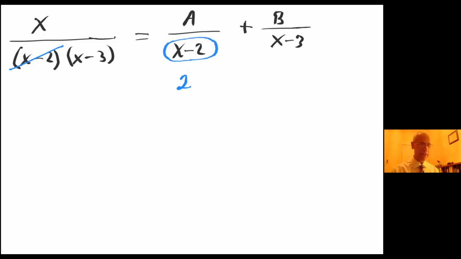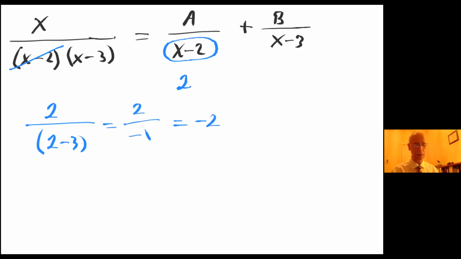Now, if I plug in the 2 for x, I get 2 over 2 minus 3, that equals 2 over negative 1, equals negative 2. And notice that was the value of our a. We found the value of a to be negative 2.